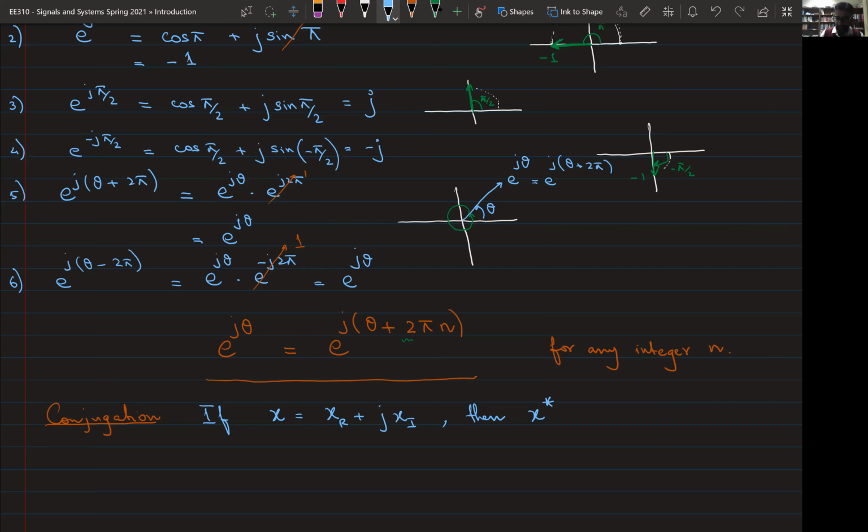What is the definition of this? Anybody? Gigi, please go ahead. x_r minus j x_i. Good. So this is the definition of conjugation: the imaginary part is the negative of what it was earlier.